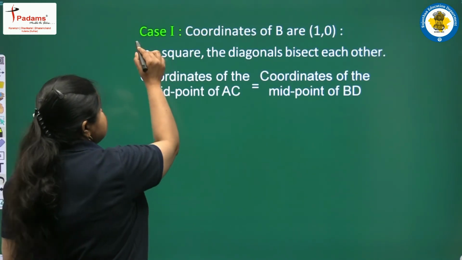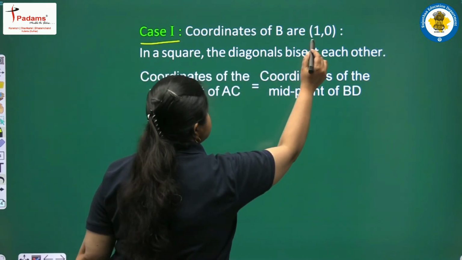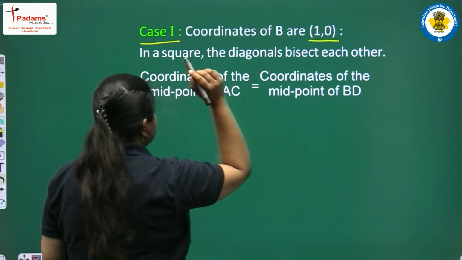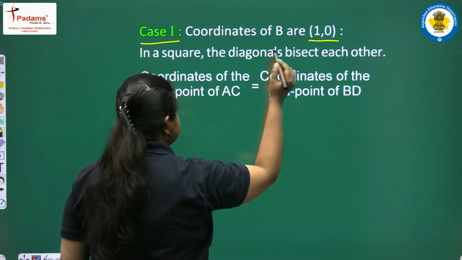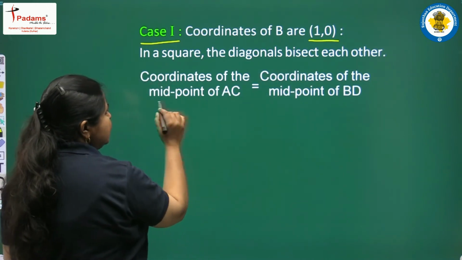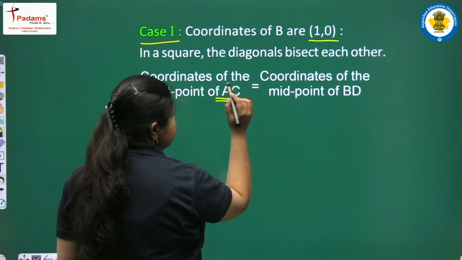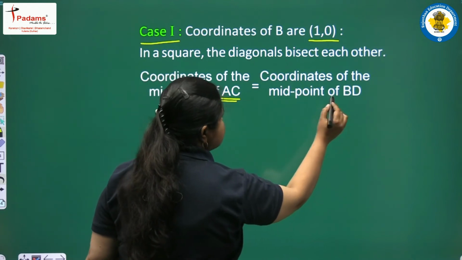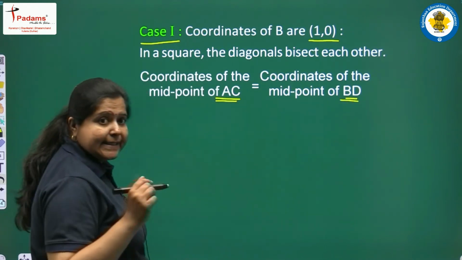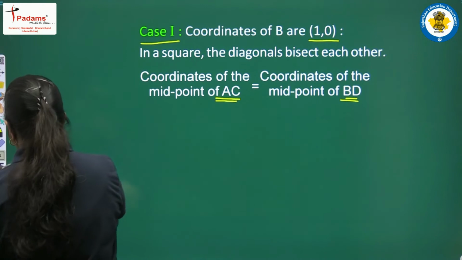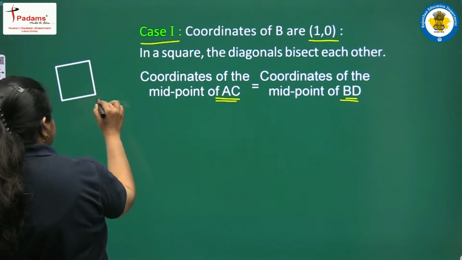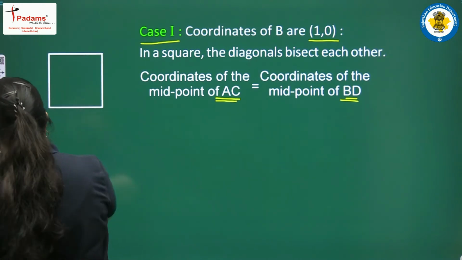We take the first case where we are taking coordinates of B as 1, 0, and in a square the diagonals bisect each other. So coordinates of the midpoint of AC will be equal to the coordinates of the midpoint of BD. Let us once again draw this figure so that everything is clear to us.